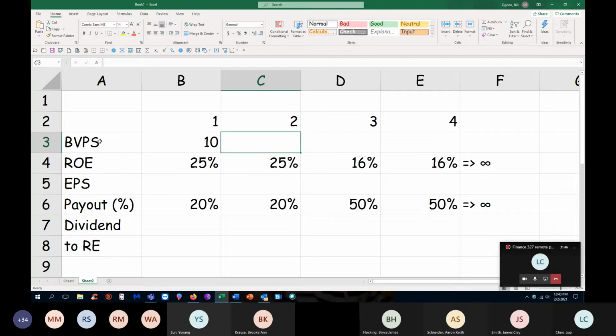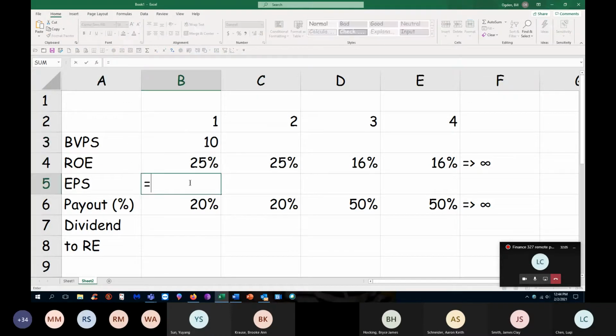So we have a book value per share of $10. The company on its book equity earns 25%. So what would its earnings be? Well, that's the product of these two, isn't it? So I can say equals $10 is earning 25%.